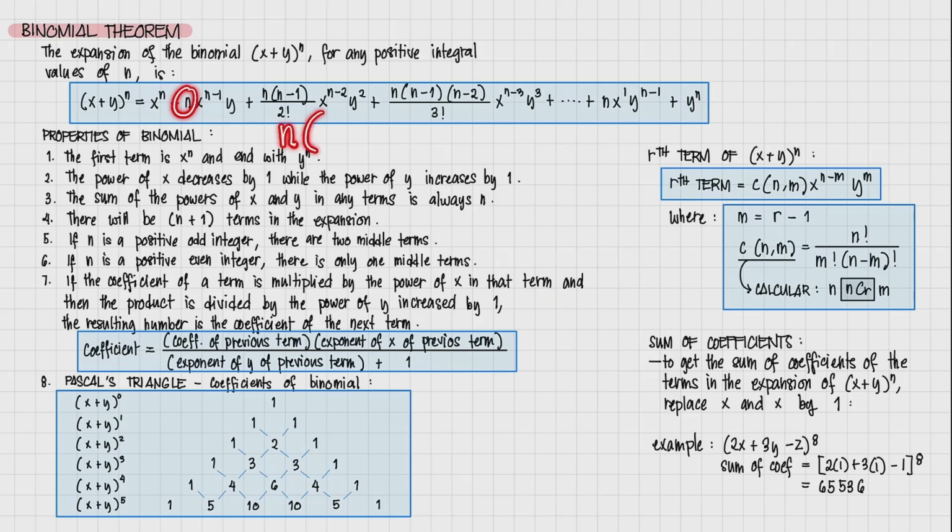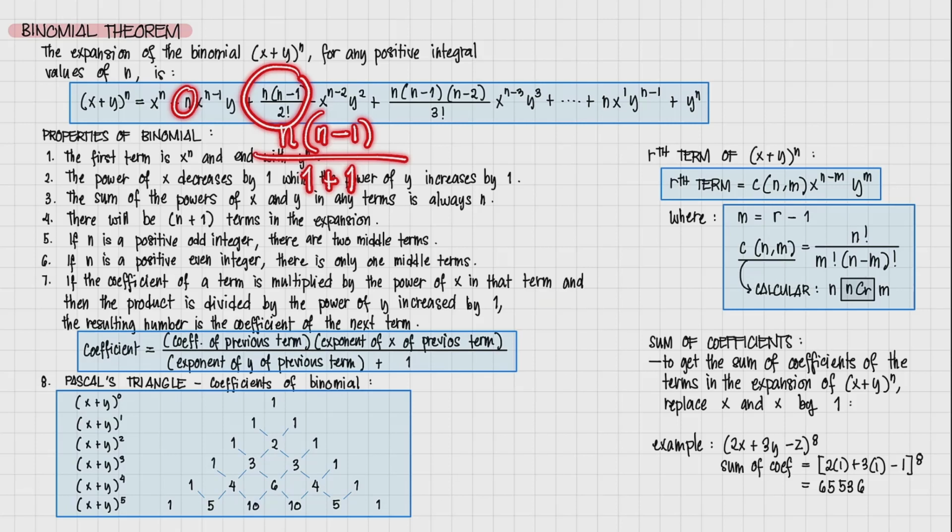Multiplied by the exponent of x of the previous term, which is n minus 1. Diba? And then you're going to divide the whole thing by the exponent of y, which is 1, plus 1. Right? So yan yung ating coefficient, which shows right here.